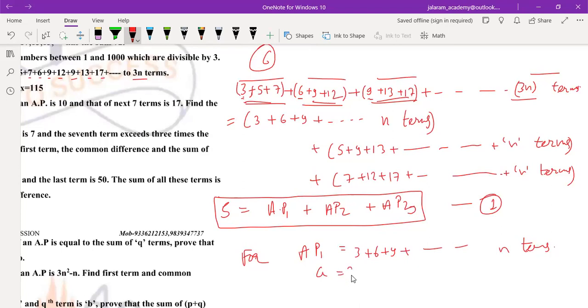So its first term a equals 3. Common difference d equals 6 minus 3 equals 3. Number of terms is n. So the formula for the sum of n terms is n by 2 into 2a plus (n minus 1) into d, equals n by 2 into 2 times 3 plus (n minus 1) into 3.